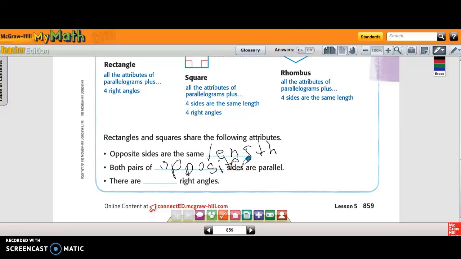And there are how many right angles? 4. So it looks something like this. Opposite sides are the same length, both pairs of opposite sides are parallel, and then there are 4 right angles.